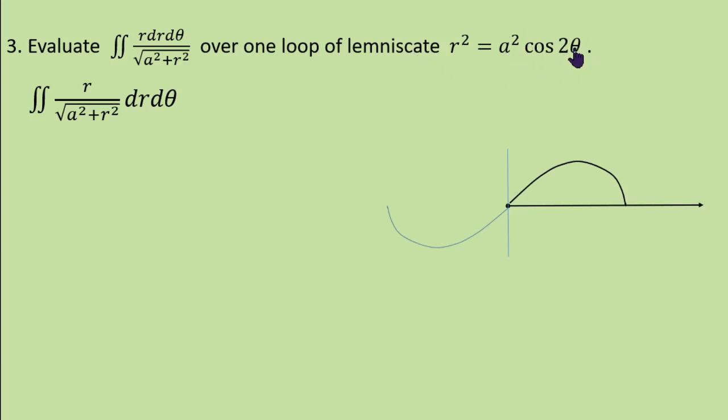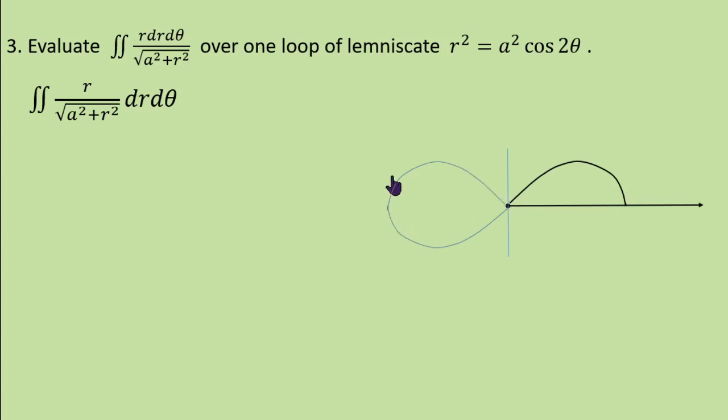If it is negative, r becomes imaginary. Therefore, no curve between pi by 4 to 3 pi by 4. And after 3 pi by 4 to pi, twice of that, it comes in the fourth quadrant. So it looks like this.